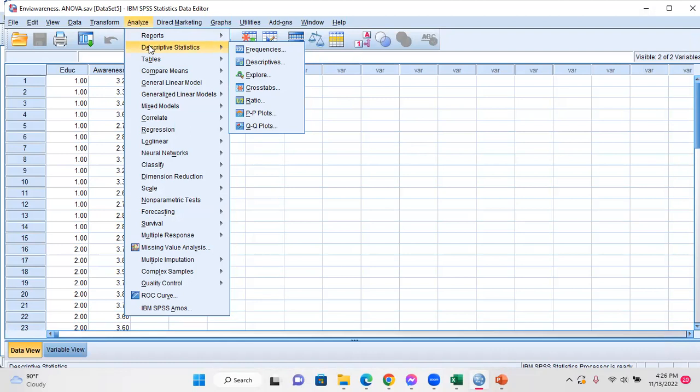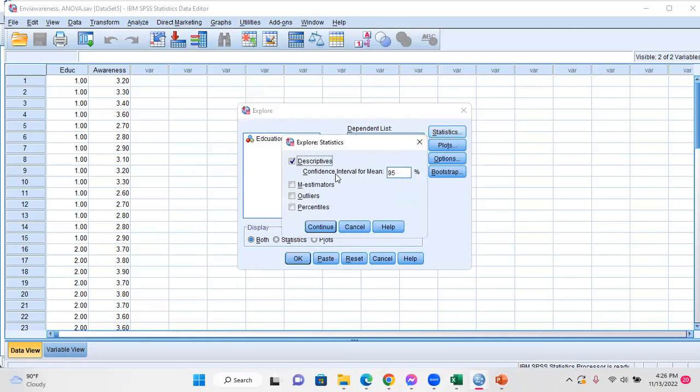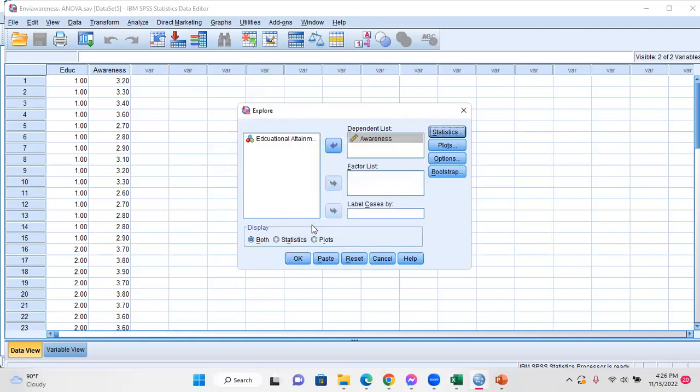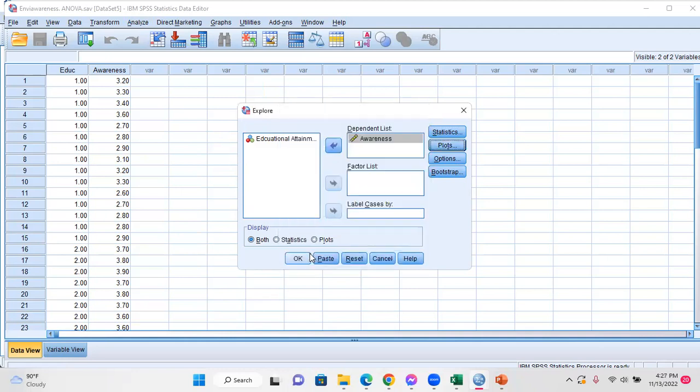Susunod. Lower awareness. Statistics. Outliers. Continue. Plots. Uncheck stem. Check histogram. Check normality. Continue. Okay.